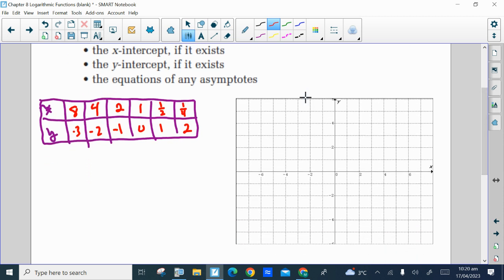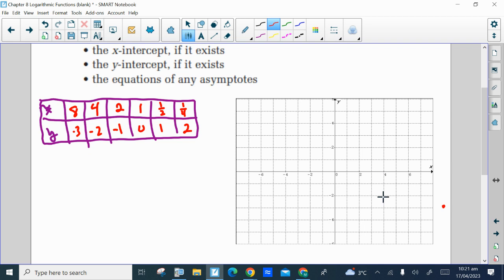I got the point (-3, 8), which is up here somewhere. I'm sorry, I did that backwards. It should be (8, -3). So I will fix that. (8, -3) will be down here somewhere.